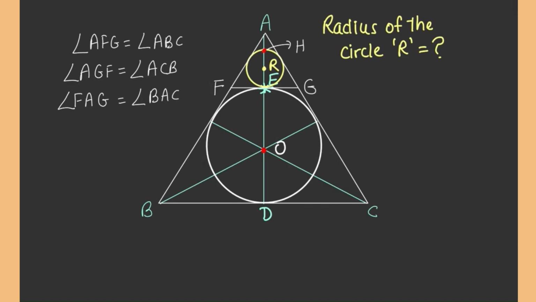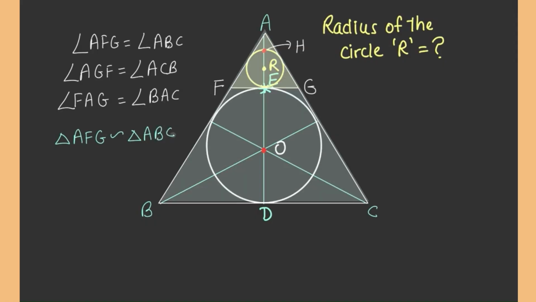Of course, the triangles AFG and ABC are not the same size, but they are similar triangles. That is, the triangle AFG is similar to the triangle ABC.